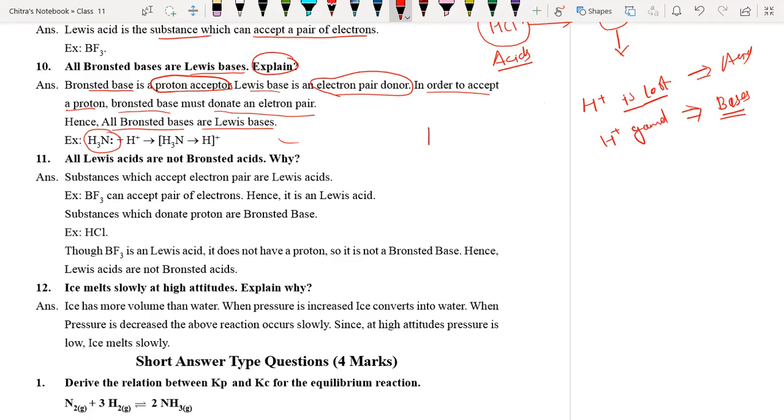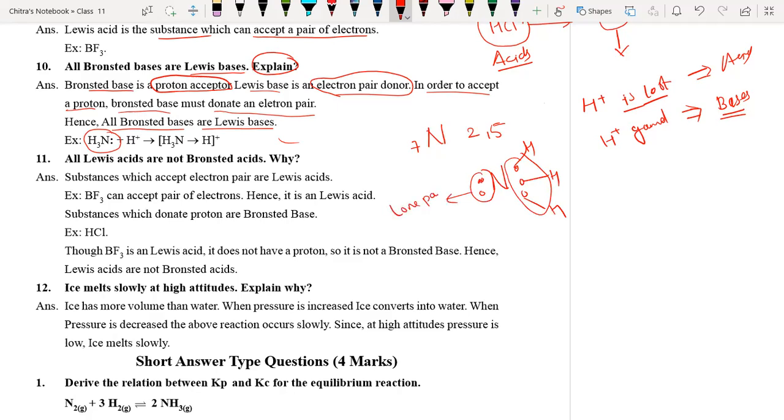We know nitrogen has a total of 7 electrons, so its electronic configuration is 2 and 5. In the outermost shell, nitrogen has 5 electrons: 1, 2, 3, 4 and 5. Out of these, 3 electrons are being shared with hydrogen, here hydrogen, and here hydrogen. They are called bond pair electrons because they are forming the bonds.